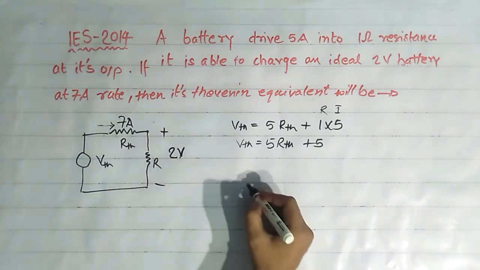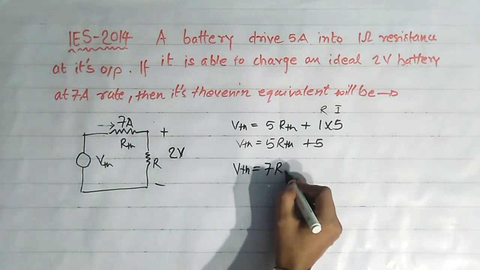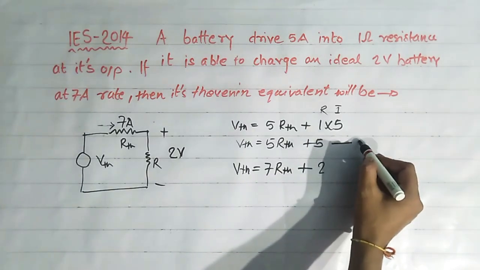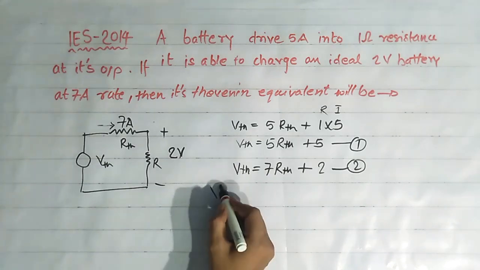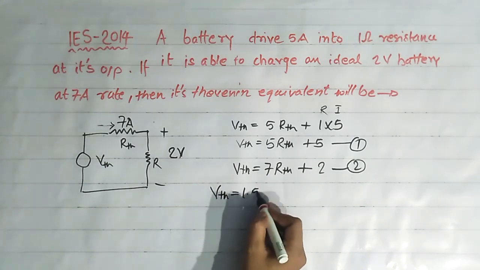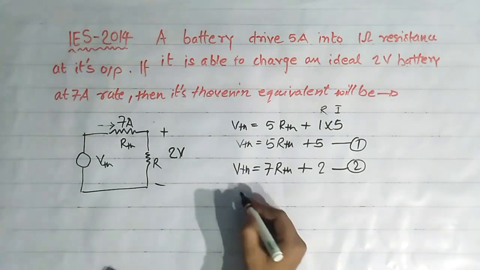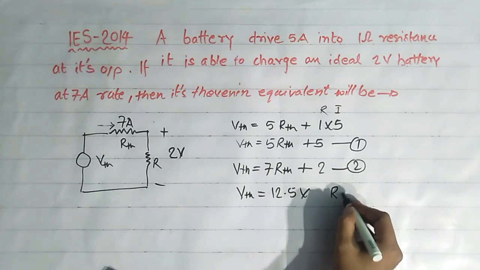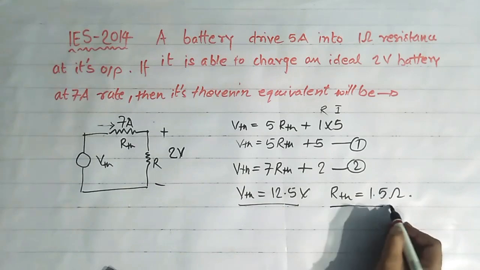Now we can apply KVL. VTH is equal to 7 RTH plus this 2 volt. So we get two equations and two variables, that is VTH and RTH. When we solve this, we get VTH is equal to 12.5 volt and RTH is equal to 1.5 ohm. So this is the answer of this question.